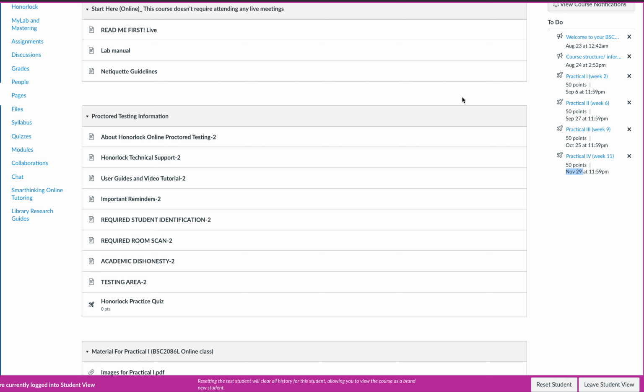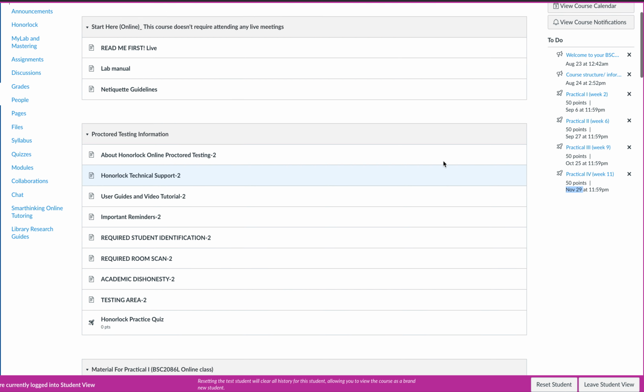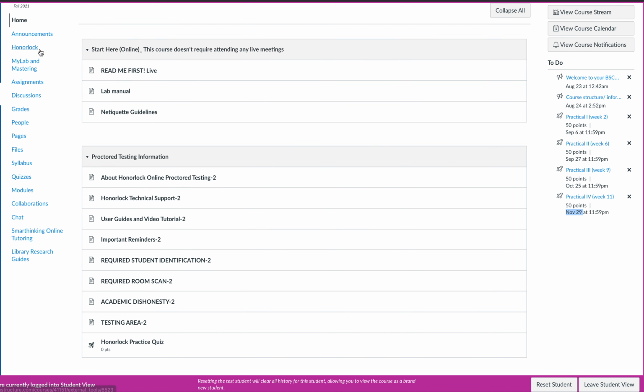So the main structure of your course grade is going to be determined by your score in those 4 practicals, which are going to be conducted through Honorlock.